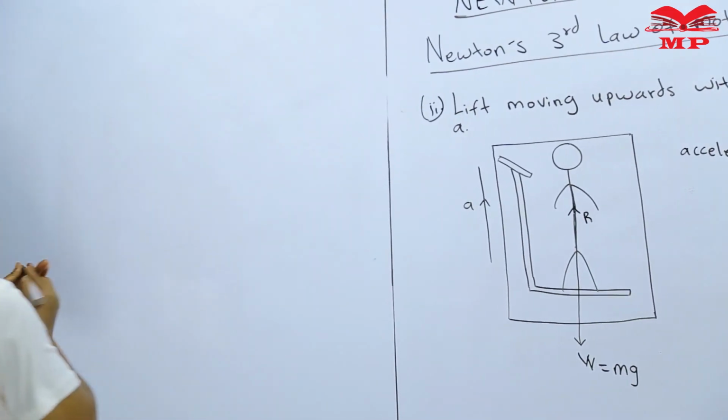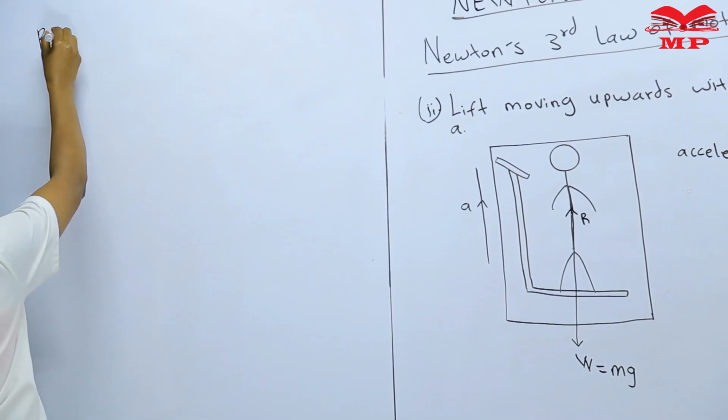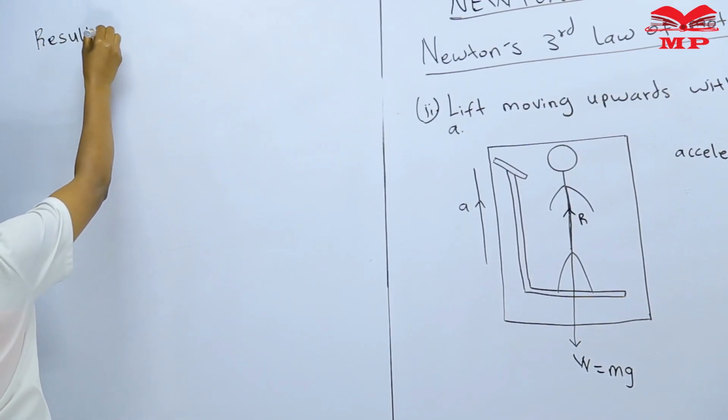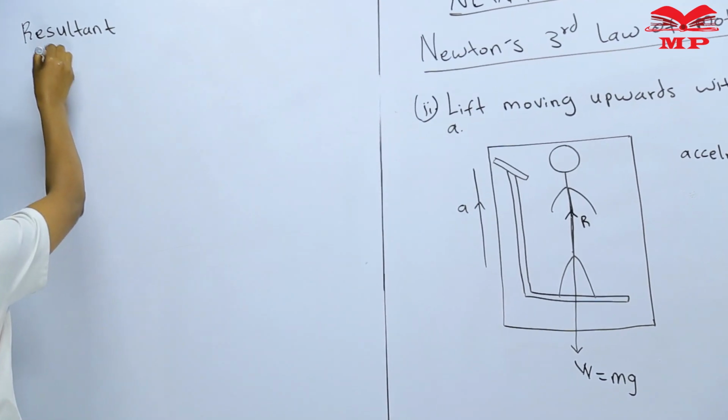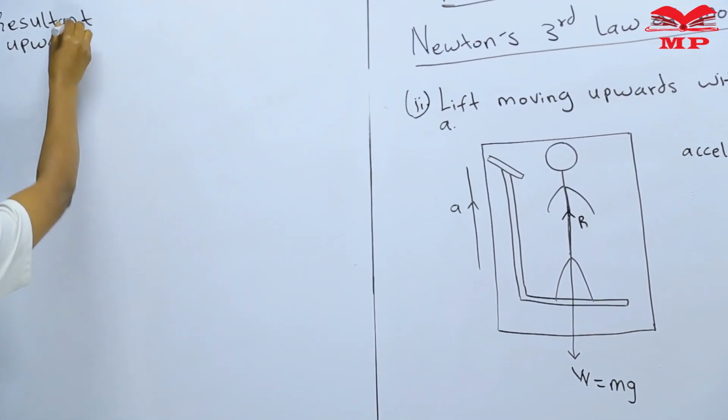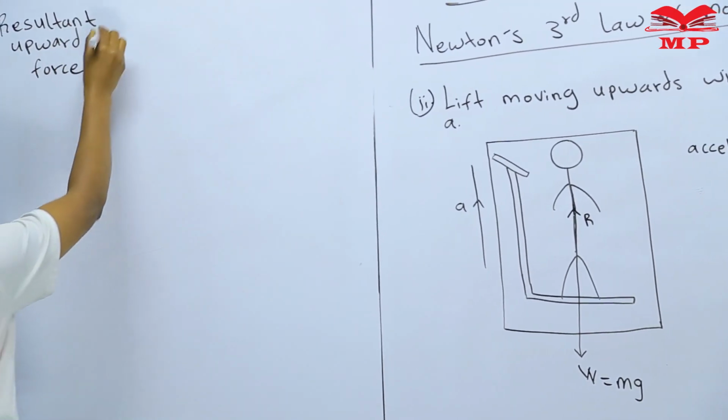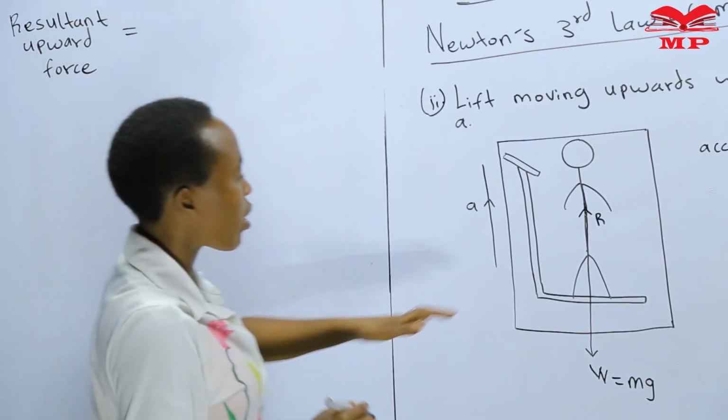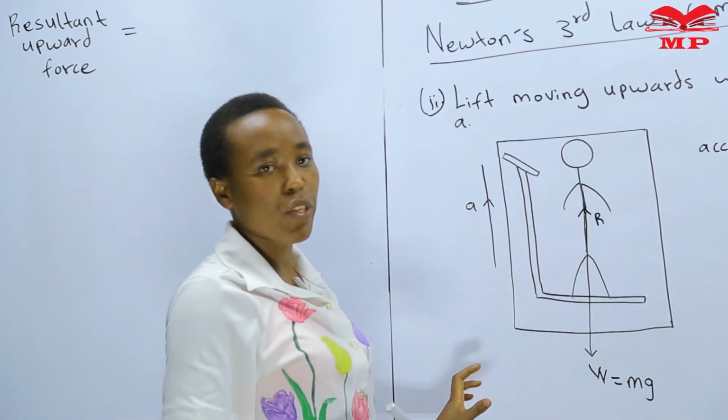And therefore, the resultant upward force, we want to get the resultant upward force for this body.